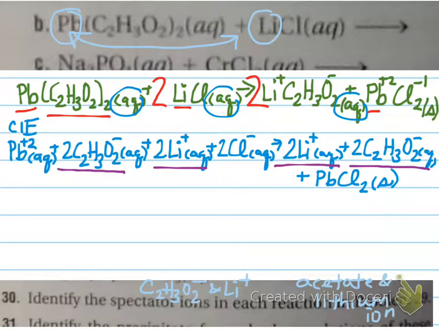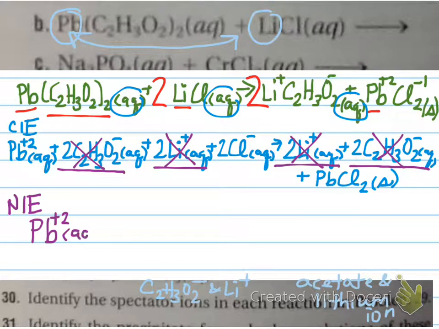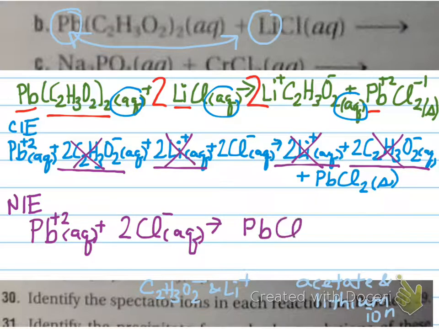So now we're ready to do our net ionic equation. Again, we're going to leave those spectator ions out. Pb plus 2 aqueous plus 2 chlorides, -1 aqueous yields PbCl2 solid.